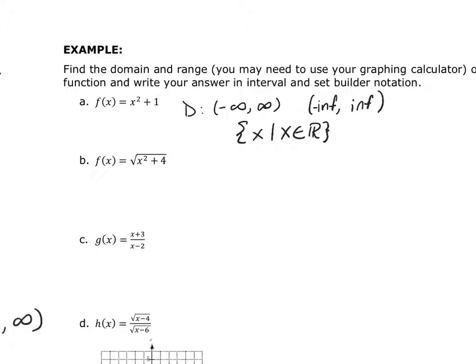Okay, so for part B, this is kind of like my other examples: I've got x squared plus 4 has to be greater than or equal to 0. Well, when you subtract 4 from both sides, x squared has to be greater than or equal to negative 4. Now that's a true statement. Something squared is always going to be greater than or equal to a negative number. So because that's a true statement, I don't have to do anything further.